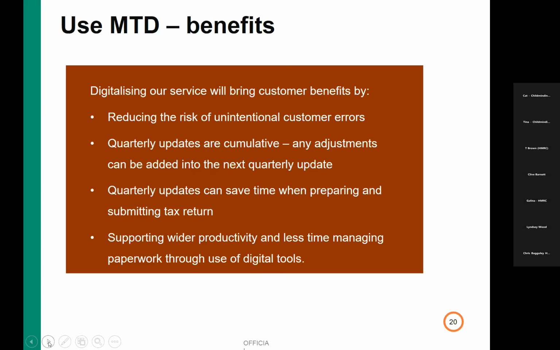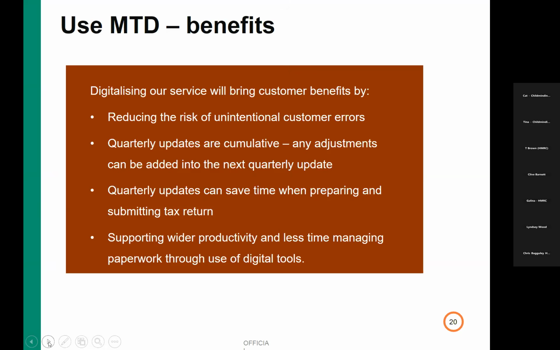But certainly we have very strong evidence of unintentional customer error forming a sizable part of the tax gap, which is the amount of tax we should be getting in versus what we actually do. So we know that record keeping at the moment needs to improve, and this will reduce those errors both ways, if you see what I mean. So that's one very important point to emphasize.